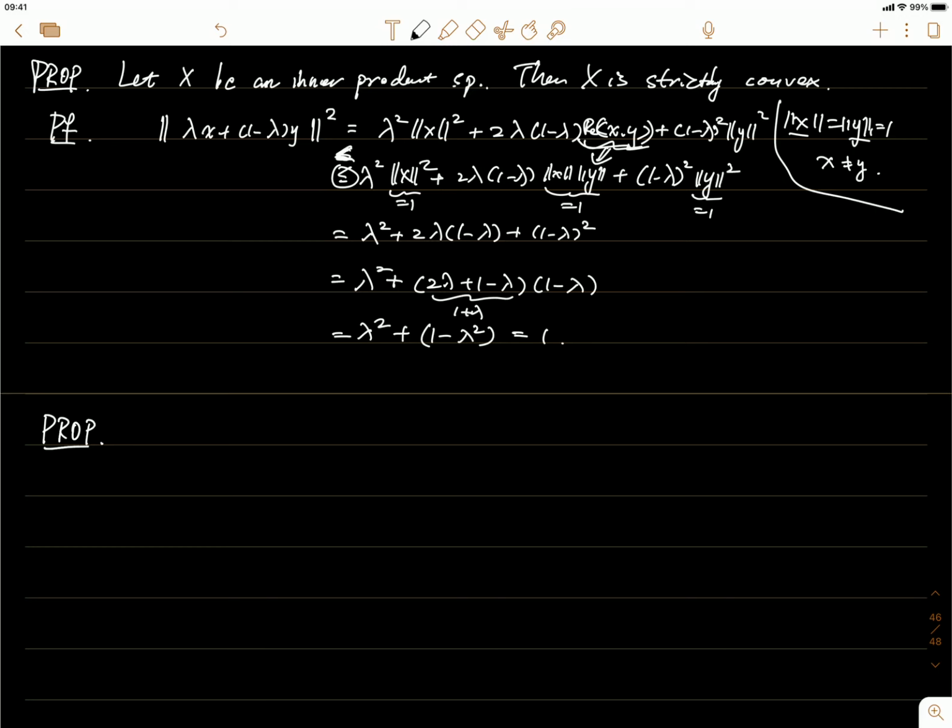And here, this is a necessary and sufficient condition to show that this is possible. So suppose we have X with the norm here, which is a Banach space. It's a normed linear space.